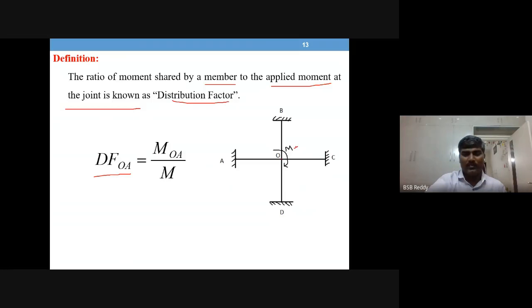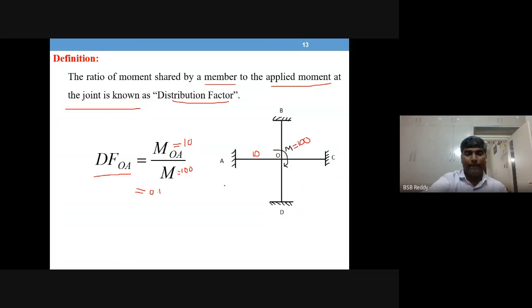So for example, if you applied 100 kilonewton meter, say member OA is taking 10 kilonewton meter of moment, then this is 10 divided by 100. So the distribution factor is 0.1.